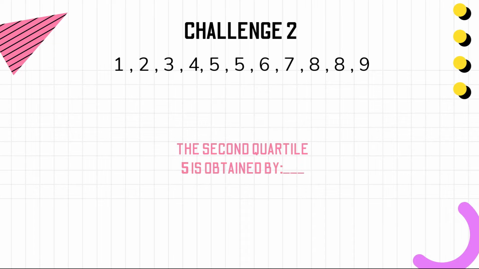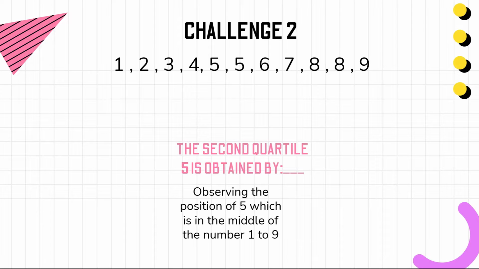That is because the second quartile, which is also the median or the middle number of this observation, is obtained by observing the position of 5, which is in the middle of the numbers from 1 to 9. So our middle quartile, or the median, or the middle number, is also considered our quartile 2, or the Q2.